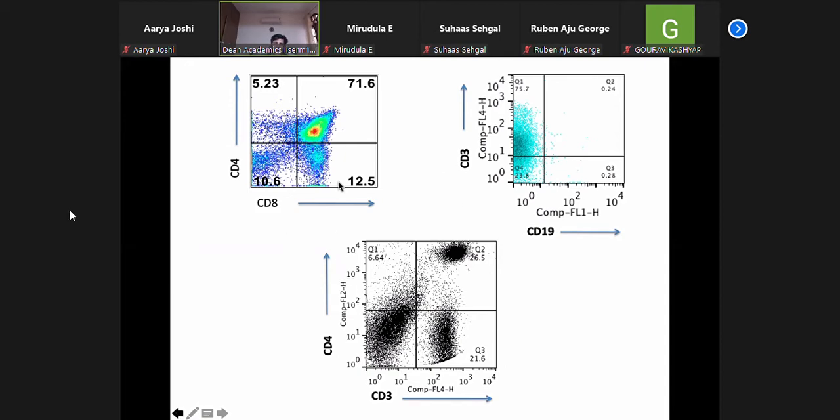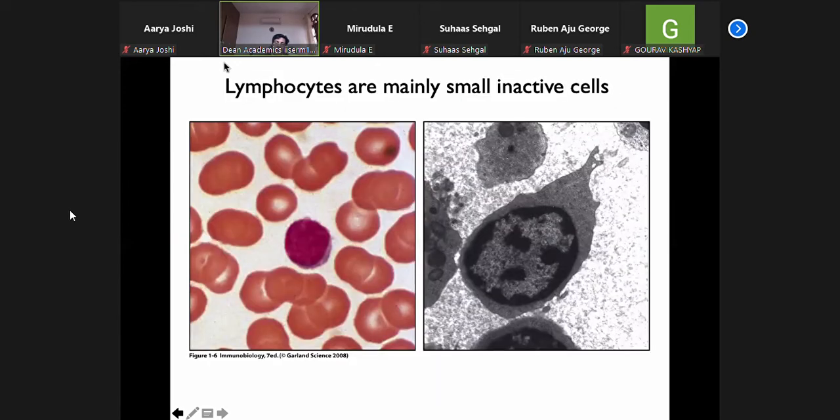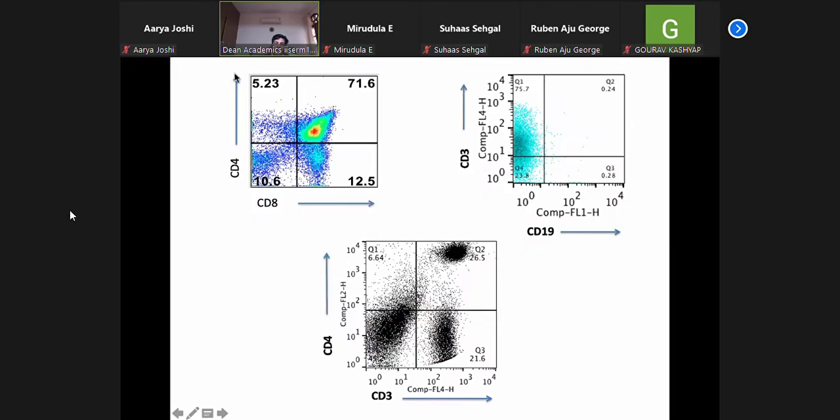Now, this slide talks about how you can identify these different cell types based on flow cytometry. Just by looking at the FACS plots, which you obtain using some cells from that particular lymphoid tissue, you can make an assessment of what this lymphoid organ might be.